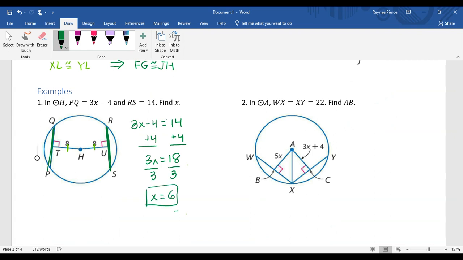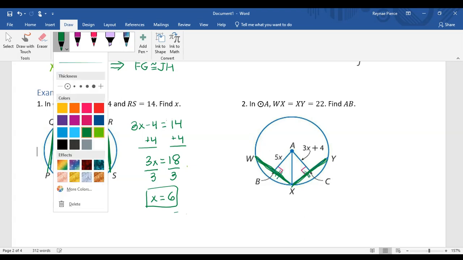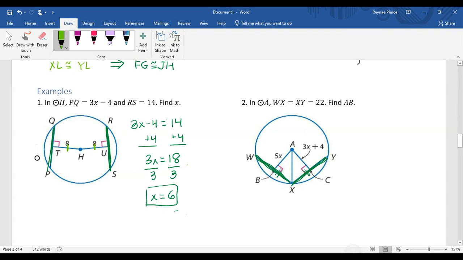The second example, we are given that WX is equal to XY. So since the chords are congruent, that means they are equidistant. So those two segments there, AB and AC, have to be the same.